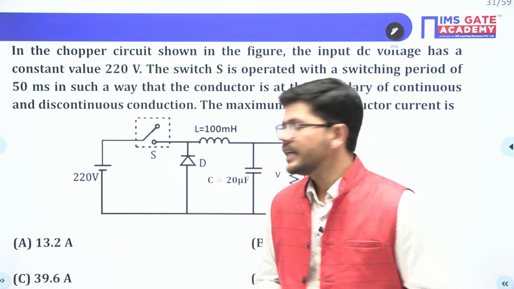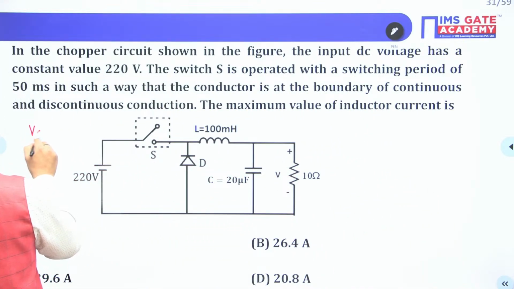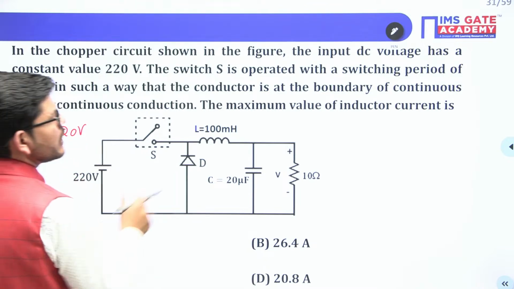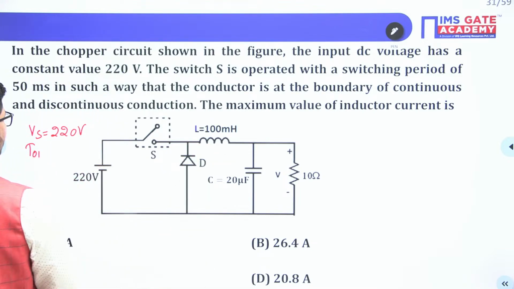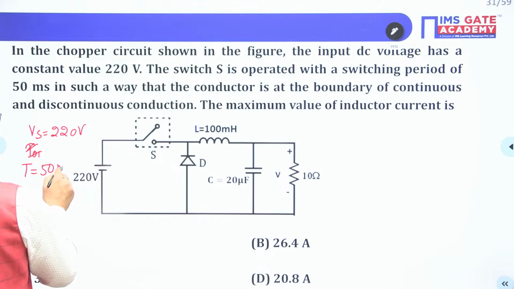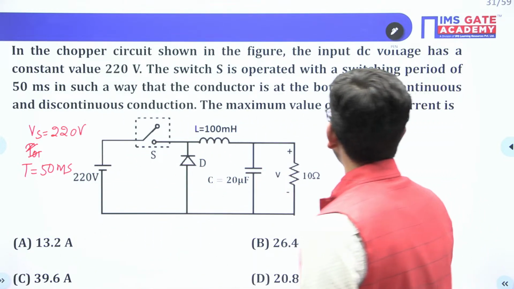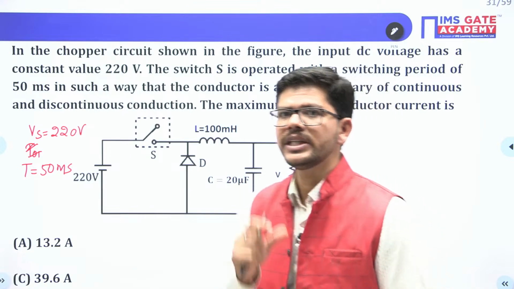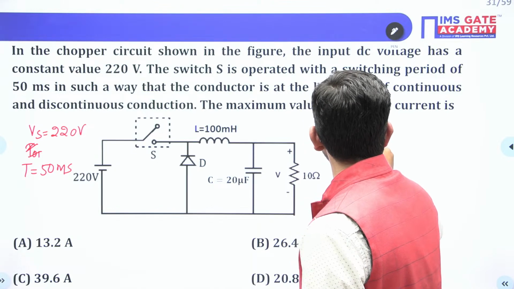First of all, Vs is given, Vs is 220 volt. The switching period means the total T, guys, not T on. The switching period T is 50 milliseconds, in such a way that the conduction is at the boundary of continuous and discontinuous conduction. Whenever you see this particular statement, write I minimum equal to 0.